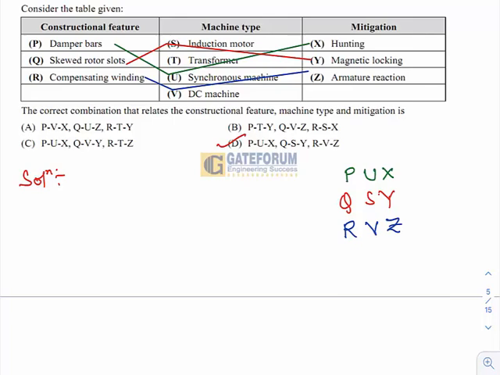You have to see the constructional feature, and why they are used and in which machine they are used. So you have to just identify this in this question. Now if I talk about damper bar, or low electrical resistance copper or aluminium bars that are embedded in the slots of the pole faces in salient pole machine, ठीक है, it is used to avoid the phenomena of hunting.